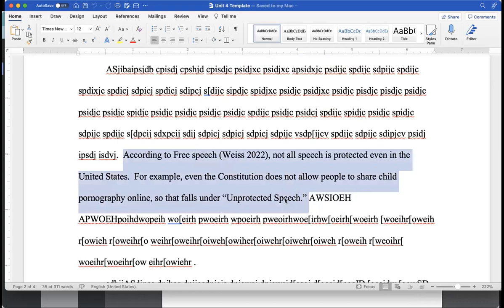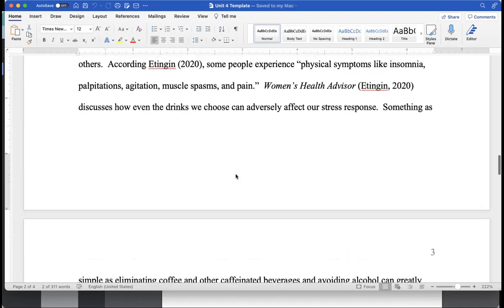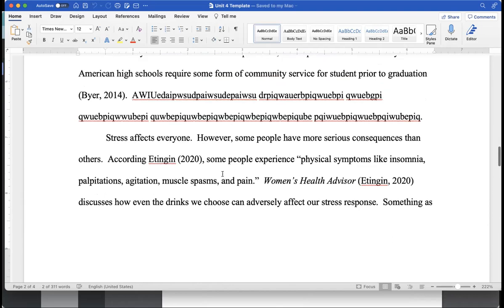Now, this one is a different article because again, in Unit 4, we're going to be finding our own resources. But this would say, according to whatever, it would have Delascio-Martinuk, 2021, and it would be a direct quotation. And I think I have one. Yeah, here's one down a little bit lower that has a quotation in it.